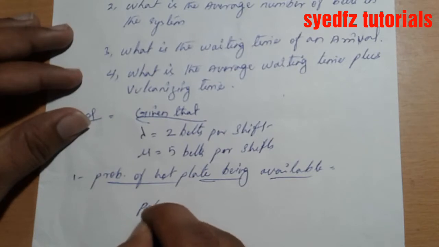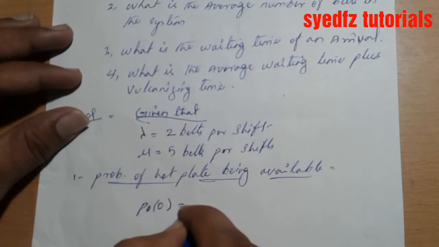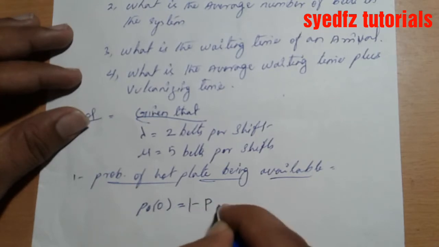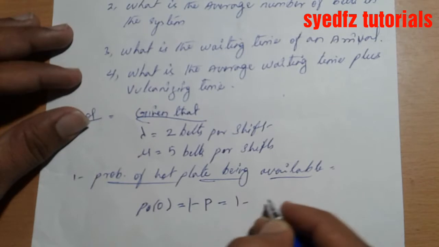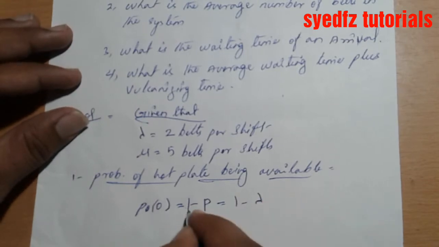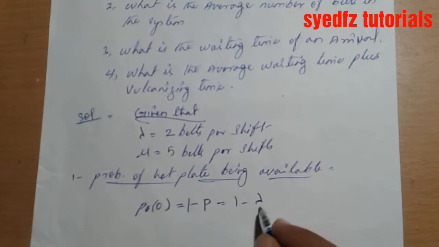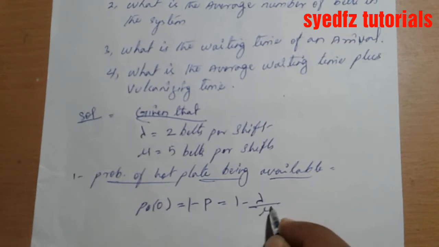P0 is equal to 1 minus rho, which is 1 minus lambda divided by mu.